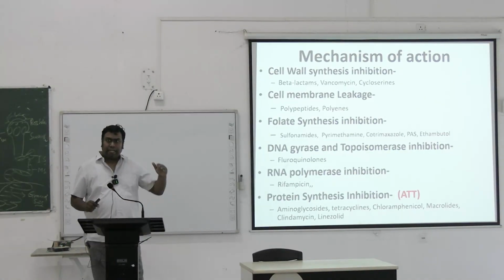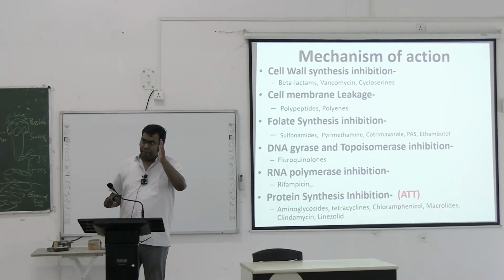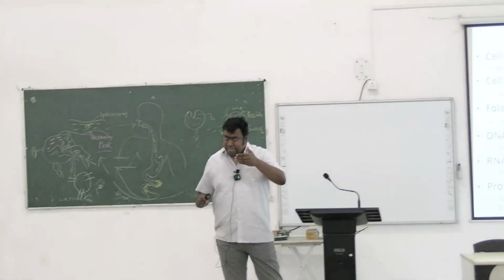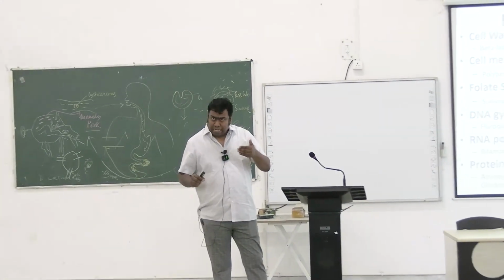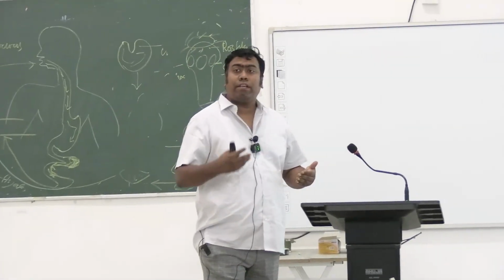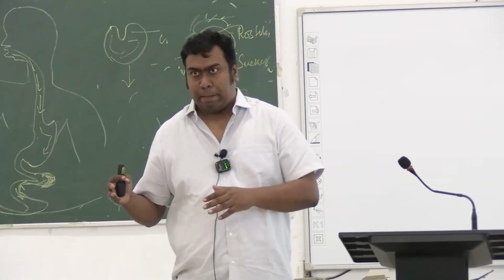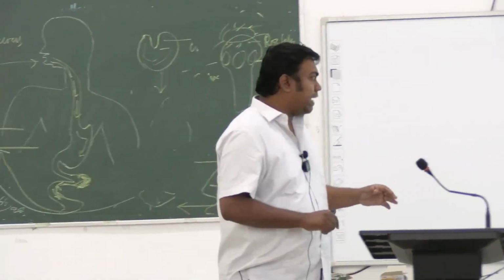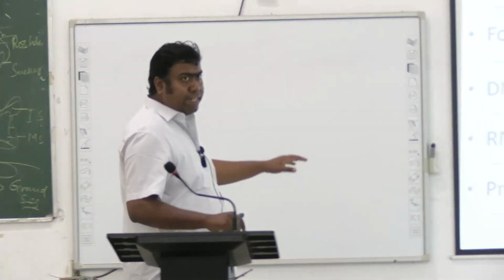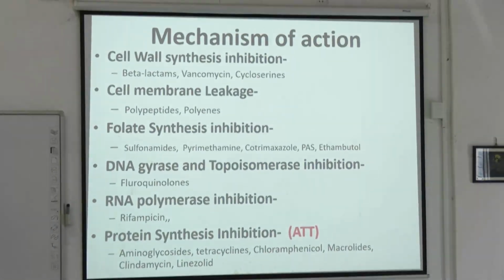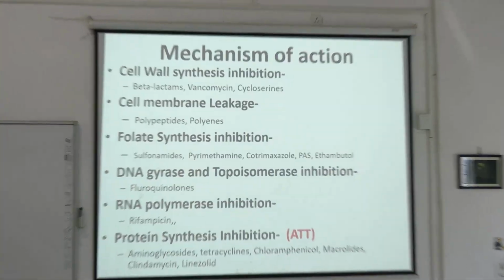And the last one, so what is it? Cell wall, cell membrane, folate, after folate DNA gyrase, after DNA gyrase RNA polymerase, after RNA, what comes? Protein. Then protein synthesis inhibitors. Who are the protein synthesis inhibitors? Aminoglycoside, tetracycline, chloramphenicol, macrolide, clindamycin and linezolid.